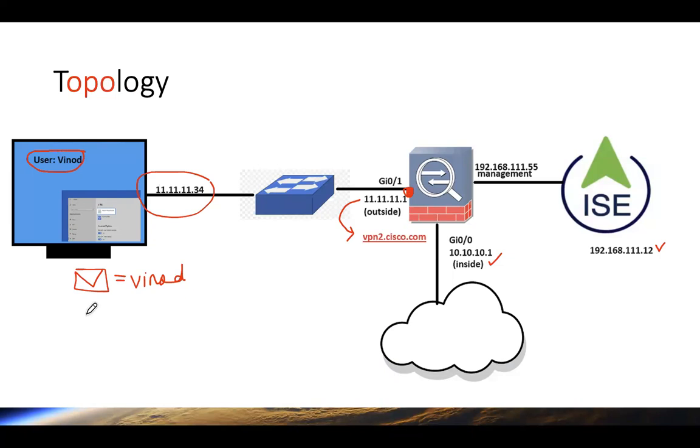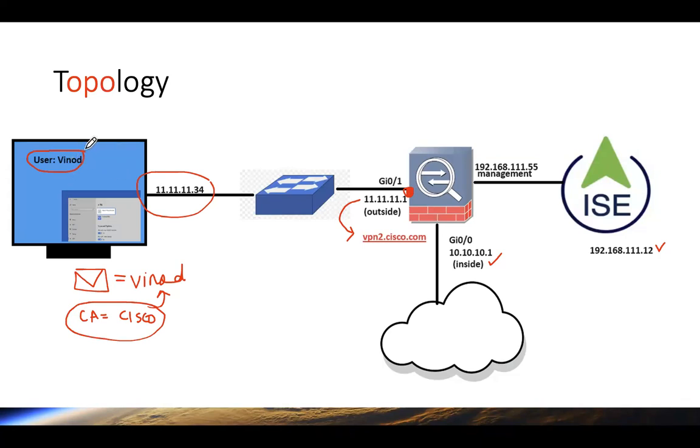And the issuer of the certificate, let's say it's Cisco. CA is Cisco. So CA Cisco issued a certificate to user Vinod, and that user certificate must be installed in the laptop.